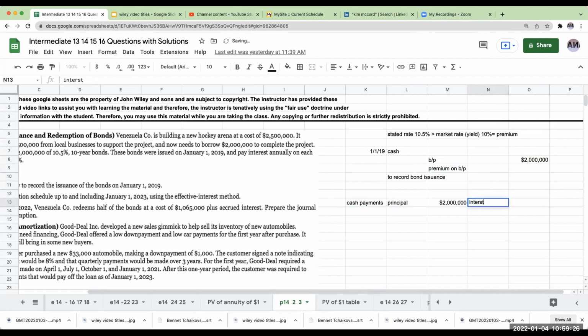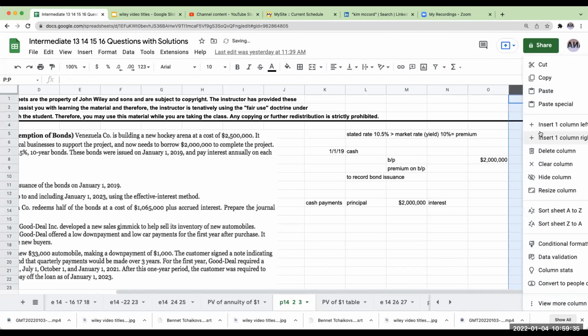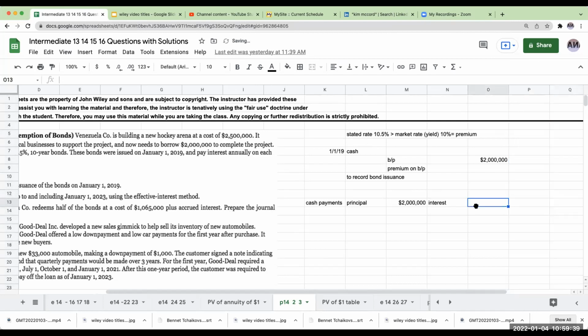And then my interest is going to be my stated rate of 10.5% times the face value of the bond. So this is going to be $2 million times 10.5%, or 210. So those are the cash payments.